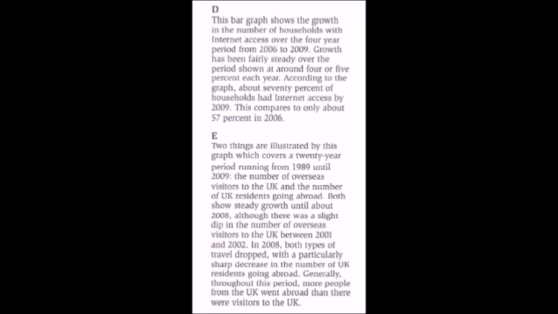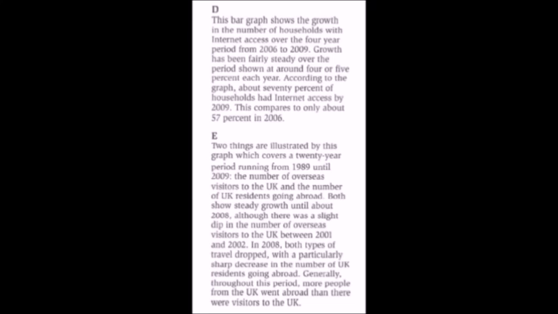Image E. Two things are illustrated by this graph, which covers a 20-year period running from 1989 until 2009. The number of overseas visitors to the UK and the number of UK residents going abroad.